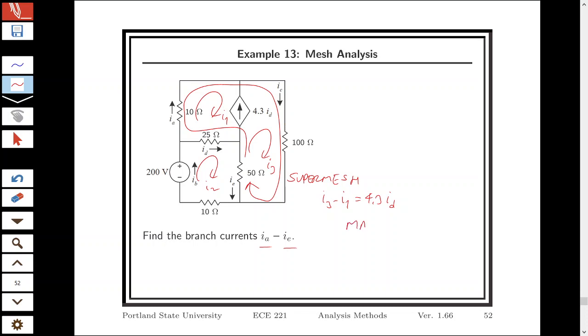Then mesh analysis variables are I1, I2, right? And let's say I3. Okay, however, we shall write down KVL equations in the super mesh and in the second mesh, right?